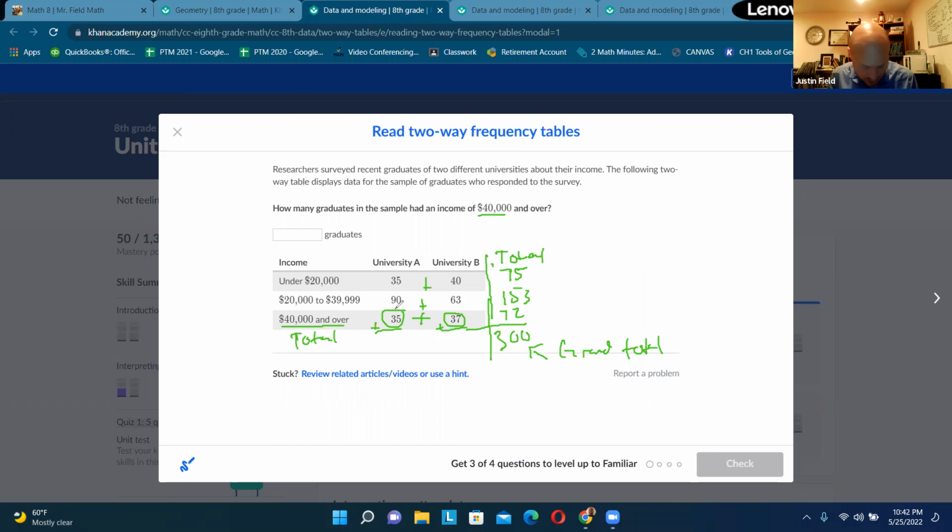And then we can add down to 35 plus 90 plus 35 is 160. And then I know without calculating this has to be 140 because they add up to 300. All right, so how many graduates had 40,000 and over? That would be 72.